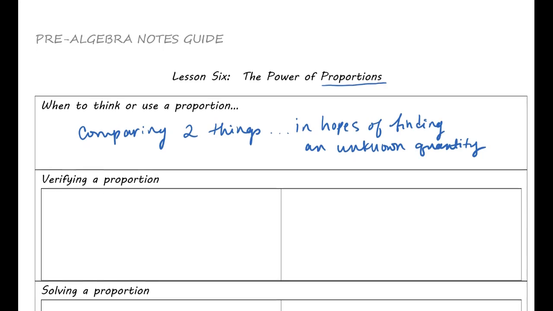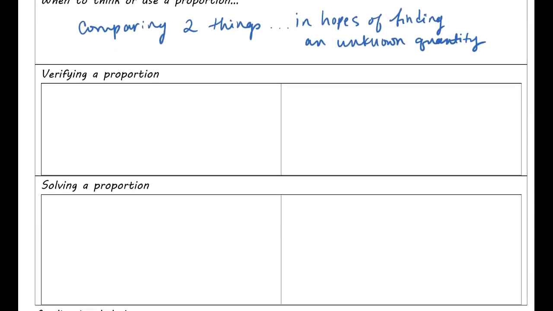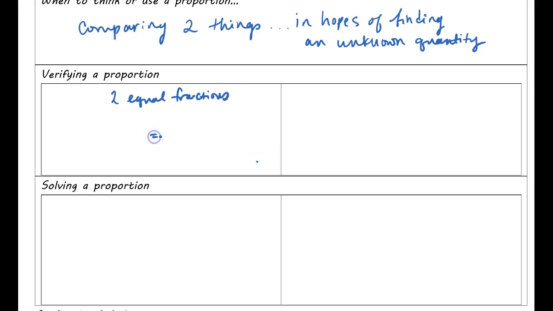Well, before we actually do an example, something that is important to know is that with a proportion, you will have two equal fractions. That's pretty much what a proportion is. So whatever fraction is over here and whatever fraction is over here will actually be the same amount.